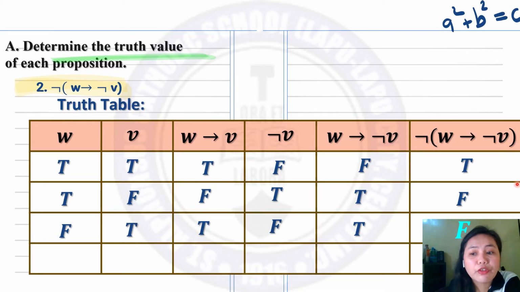Lastly, if W is false and V is also false, the implication is true. And as we get the negation of V, that's true. So as we get the implication of W, which is F, and not V, which is true, the implication is true. And its negation is false.